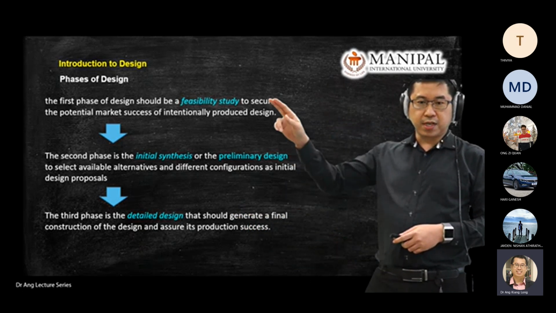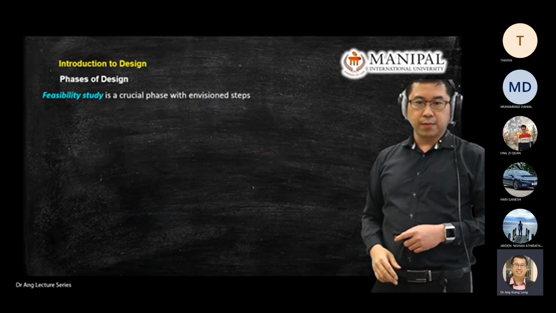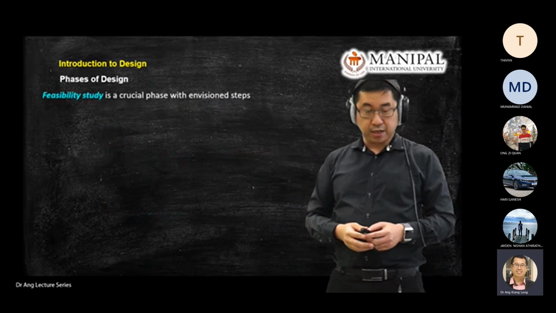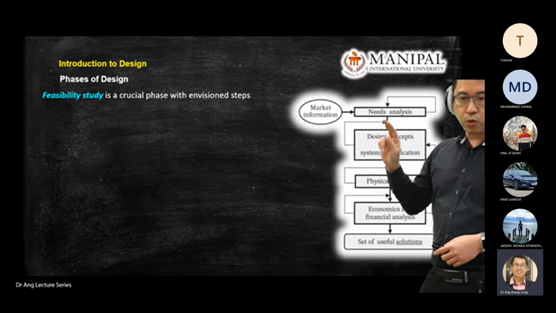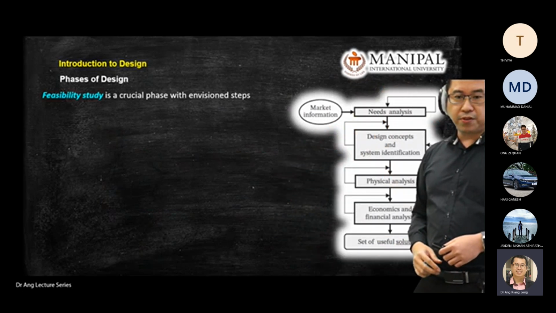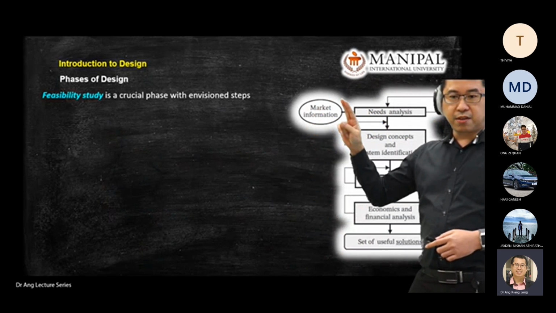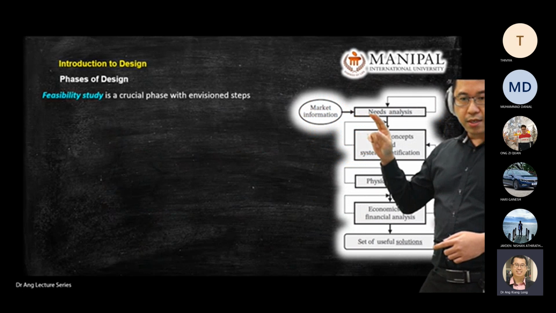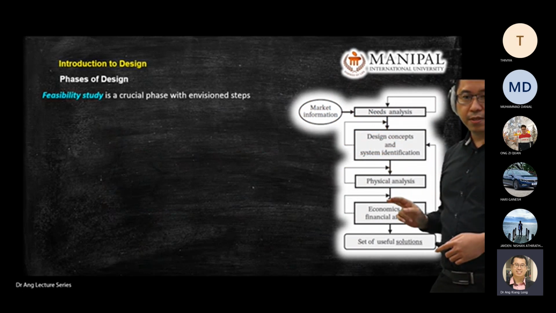So for phases of design, you have three phases. What have you done in your feasibility studies? Basically, this is the flowchart for feasibility studies. You start to gather information for the market, you analyze the needs and the customer requirements, then you start designing.